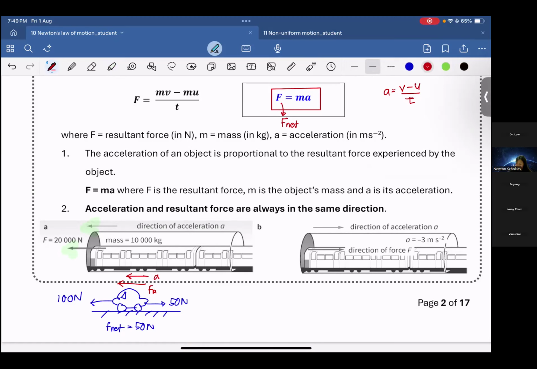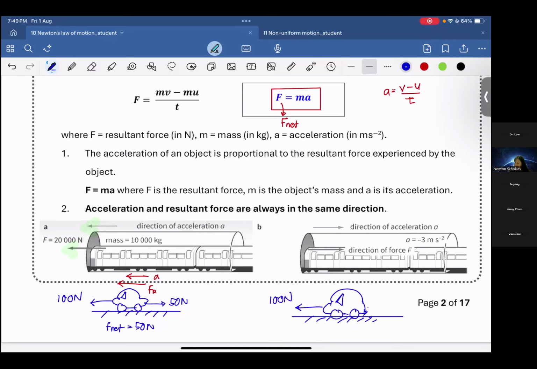Now another case, the car still facing the same direction. But the problem is now maybe we got strong wind blowing. So here thrust engine is still 100 Newton, let's say. Then the move backward just now was 50.